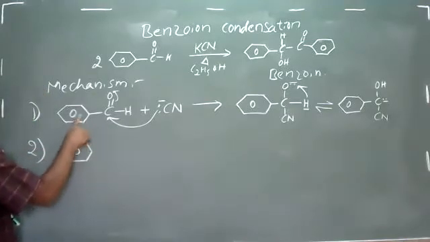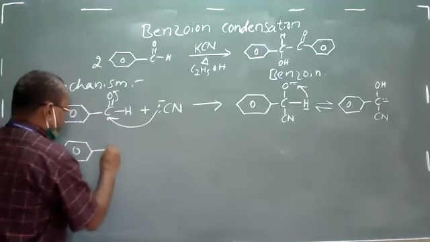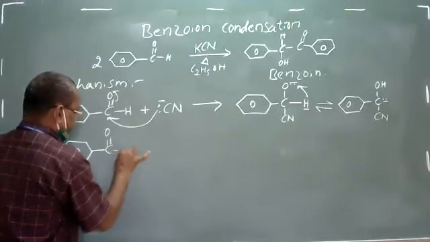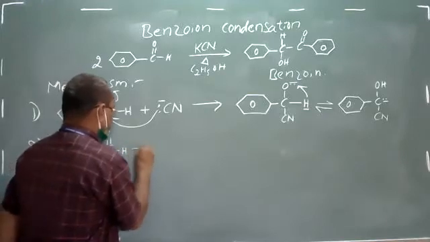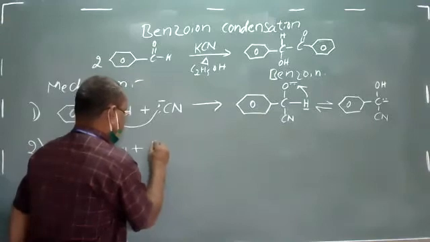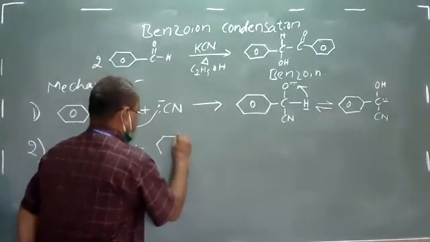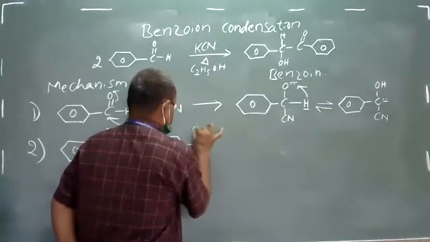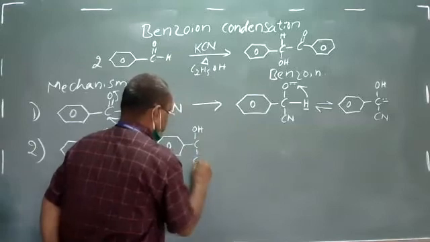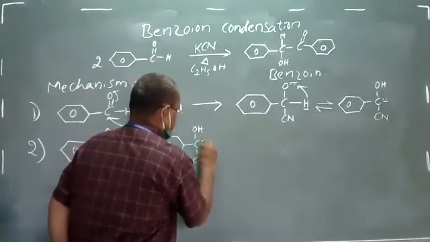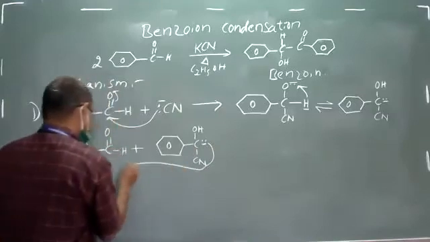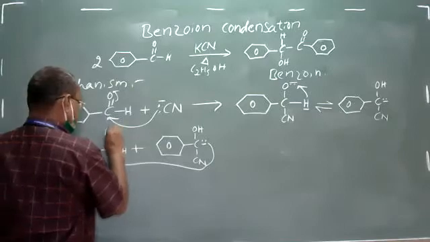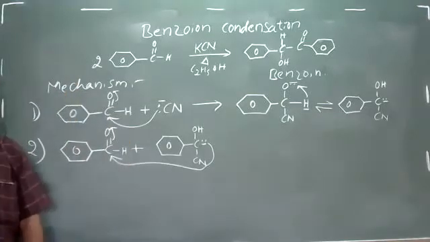So one molecule is used in the first step, the second molecule is used in the second step. The aldehyde molecule. This will attack this, and the pi bond electron will move towards this.